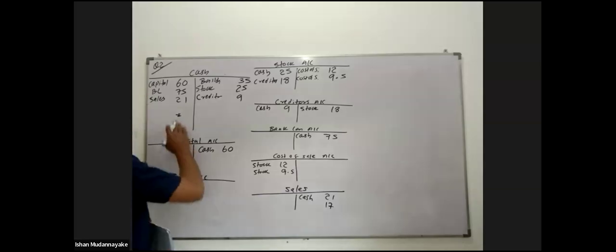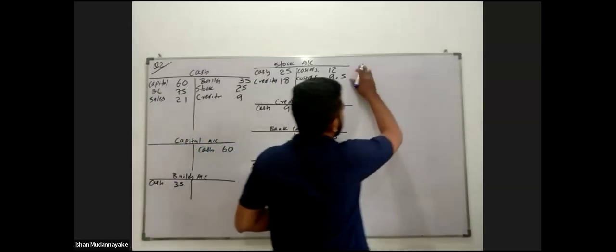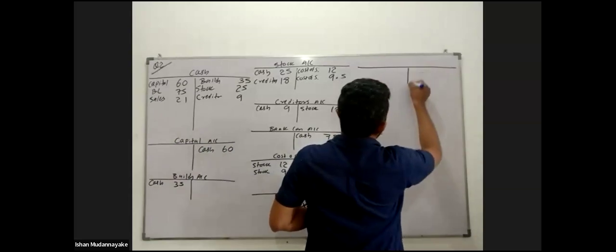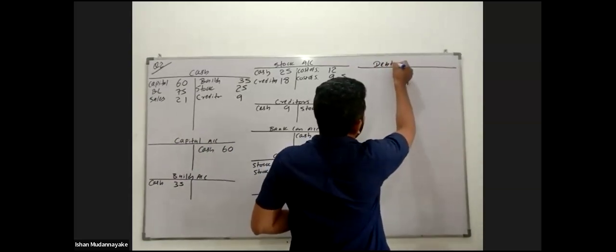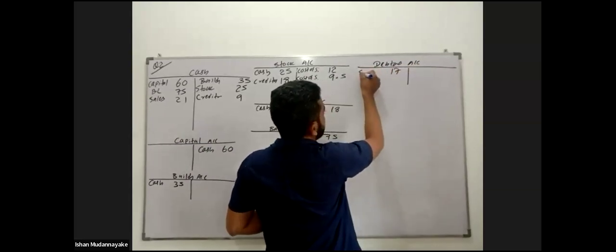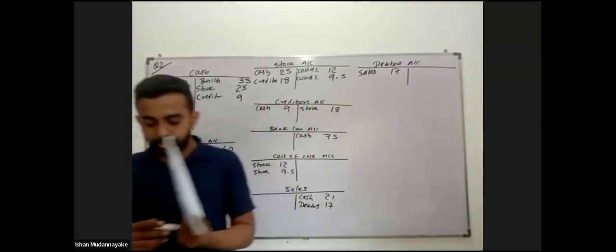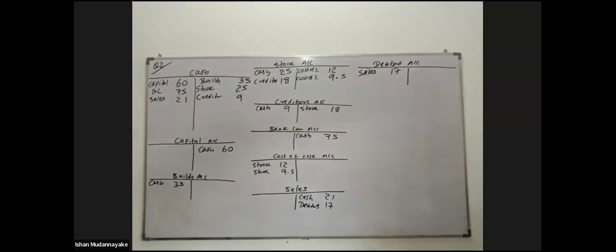Sales account credit 70,000, debtors account debit 70,000.